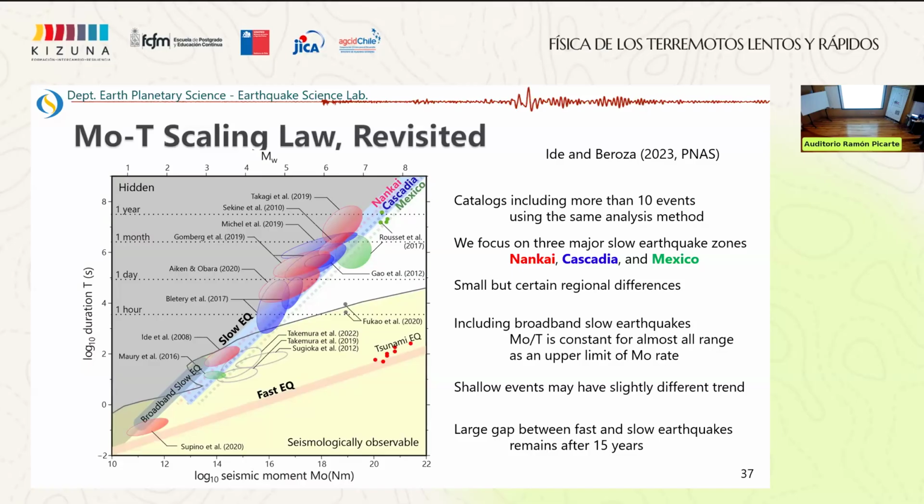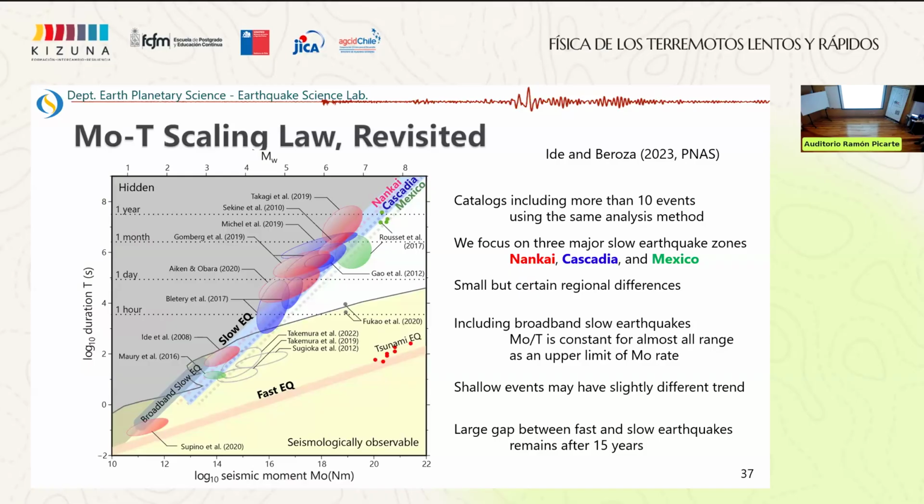So first earthquake and slow earthquake behave very differently. Another thing we need to understand is that in this part, there is no event. But that doesn't mean nothing happened in this area. Actually, there might be something, and quite likely, because we cannot detect anything that falls in this area.